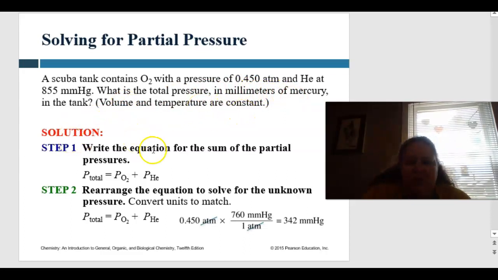So step 1, let's write the equation for the sum of the partial pressures. The total is going to be the sum of the oxygen plus the helium. So let's rearrange the equation to solve for the unknown, convert the units to match, and we end up getting 342 millimeters of mercury.